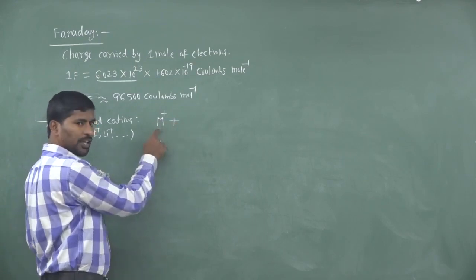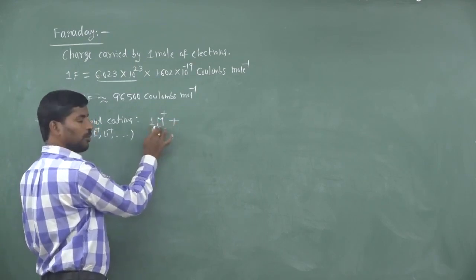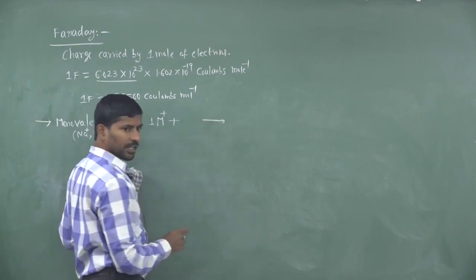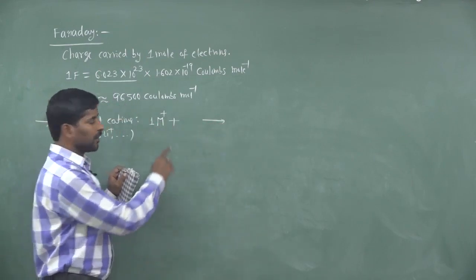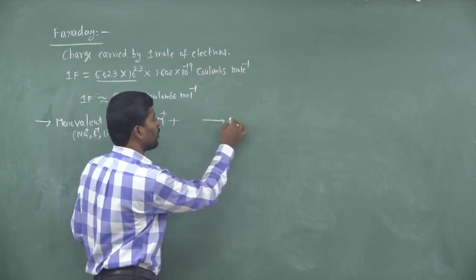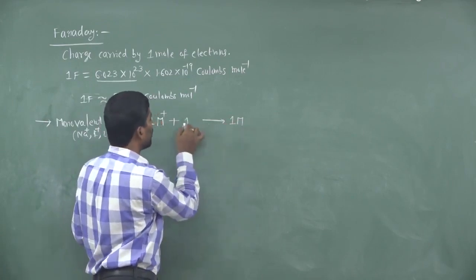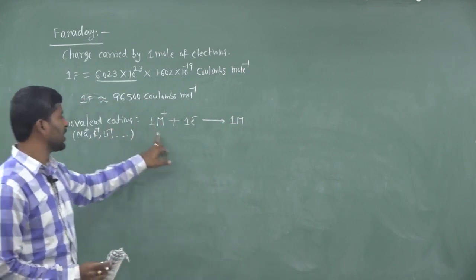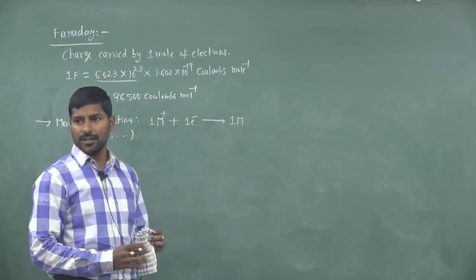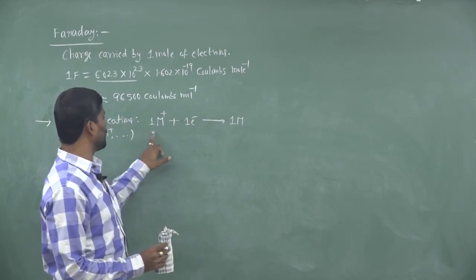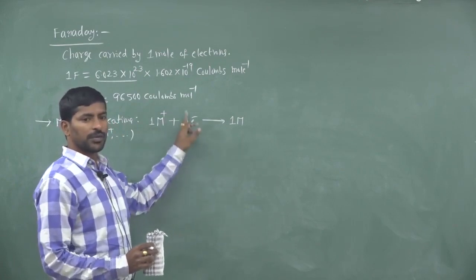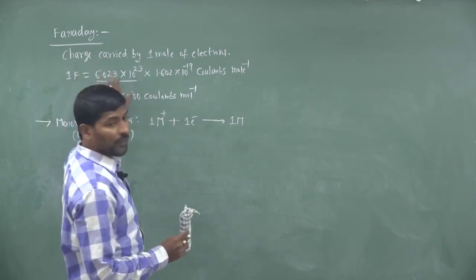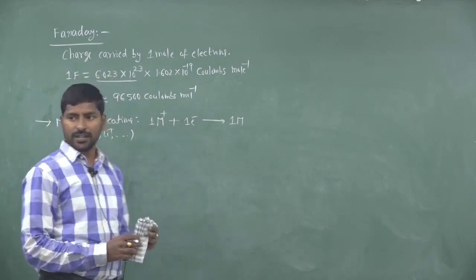To deposit 1 mole of univalent cation on an electrode, how many moles of electrons are required? 1 mole of electrons is required. If you take Na plus, an electron gives rise to Na. 1 mole of electrons means how many Faradays are required? 1 Faraday is required.